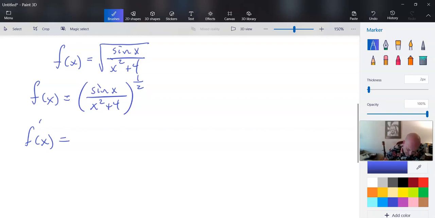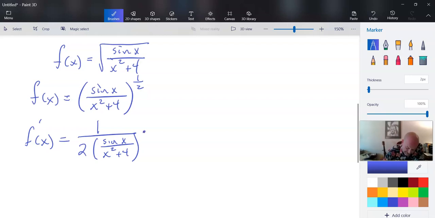And if I do that, what I end up with is 1 over 2 times whatever I was taking the root of. Okay, and that looks a little bit messy, but that's okay.